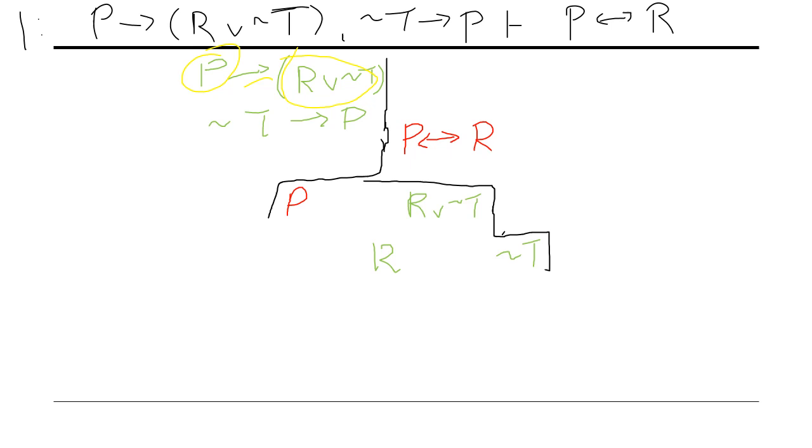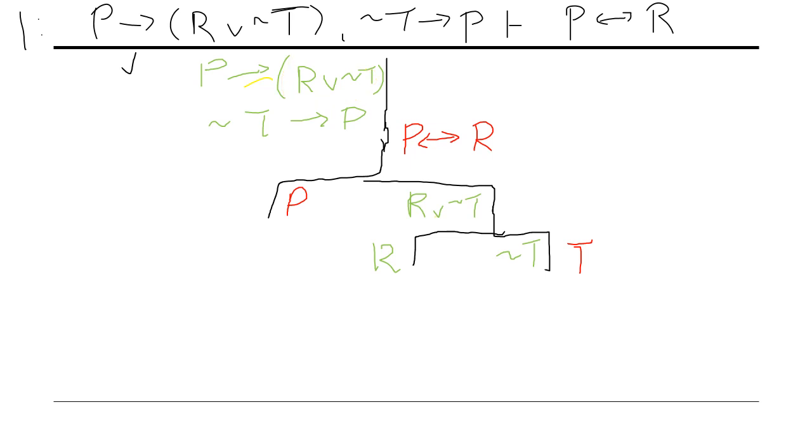We just took our evaluation rules for the wedge being true, and it's one or the other, so we branched like that. Then we just have to flip this T over. For any tilde, just remember that we flip it over the line and get rid of the tilde. So we've broken everything down to the simplest parts, P, R, and T. That one is done, we can check it off, and there's nothing more to do.